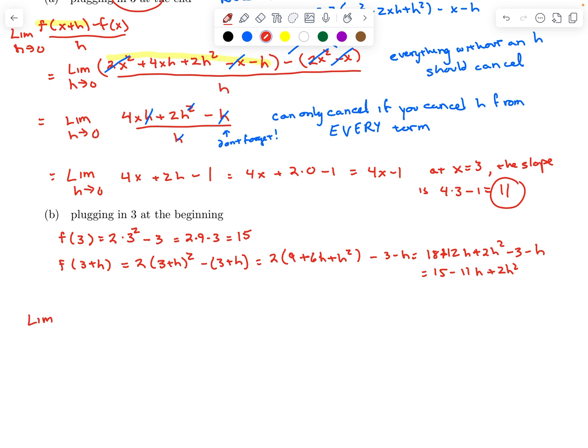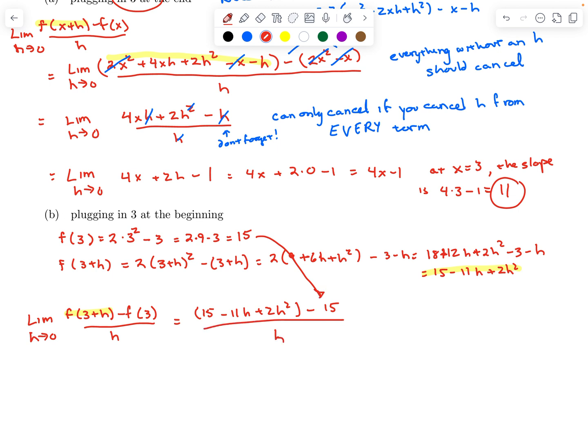Limit as h goes to 0 of f of x plus h minus f of x. F of x plus h, f of 3 plus h is this. And then f of 3 was 15. Don't forget the denominator. Oh, look, the 15s cancel.